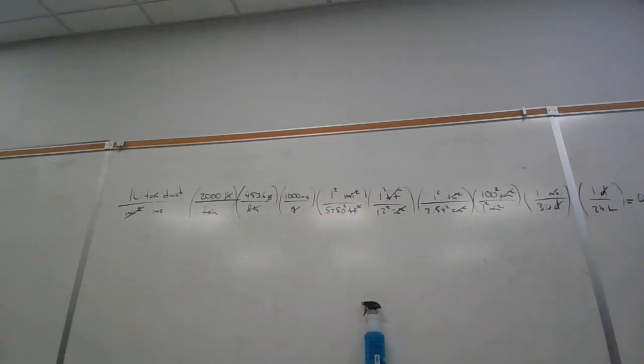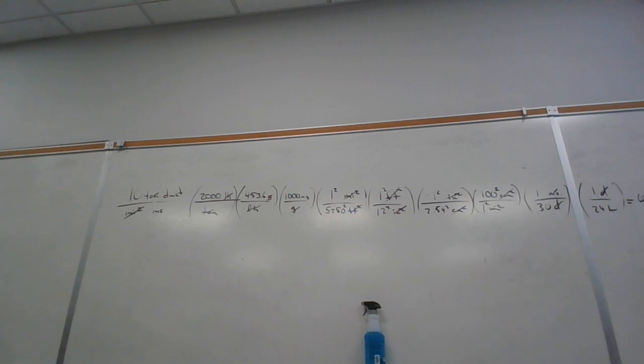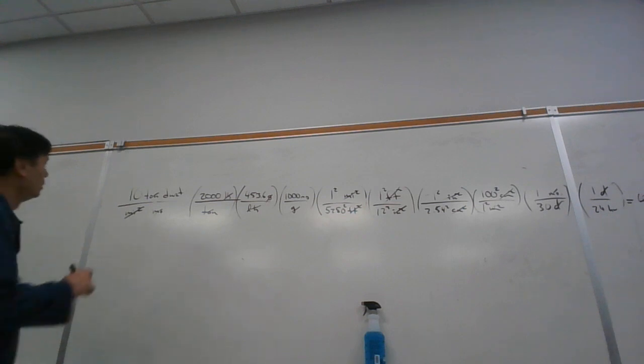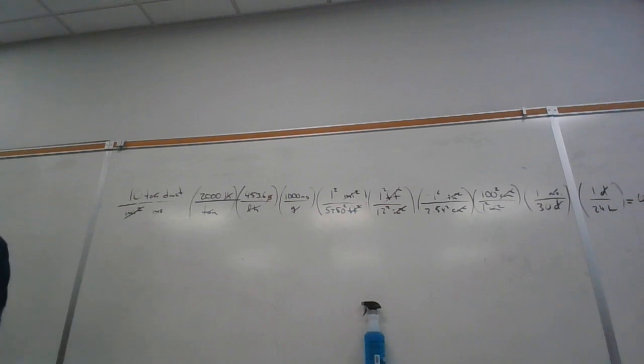Yeah? Okay. So we deposit about 5 milligrams of dust in a square meter per hour. Let's see what they got. How many sig figs are we allowed here? 10 tons of dust. How many sig figs do you think that is? Probably 1 sig fig.